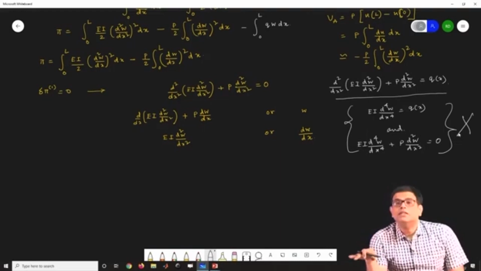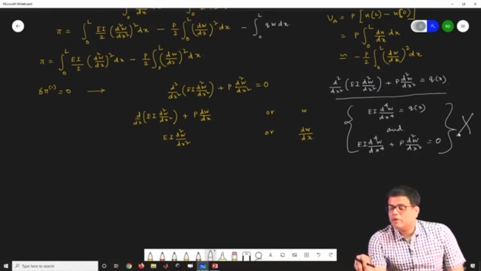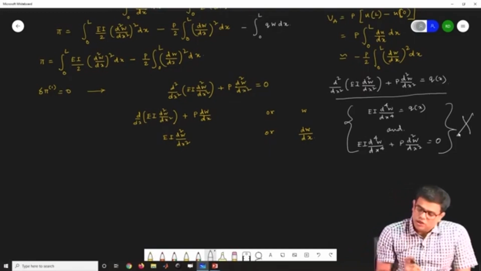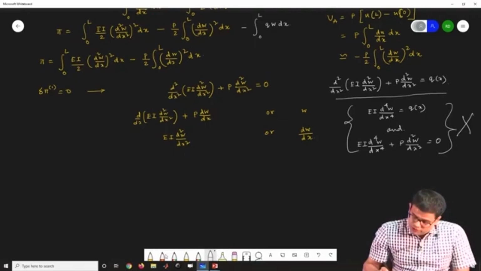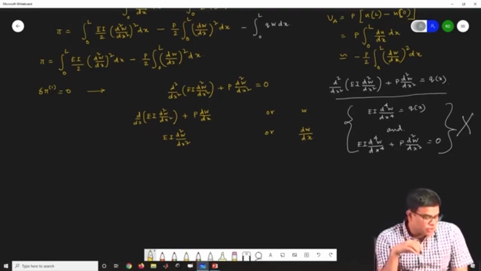Remember, this is not just a superposition like we did for the Euler-Bernoulli beam. If Q1 and Q2 are two forces applied, then superposition is allowable in the first equation, but in the second it is not allowed. That's the essence of this.